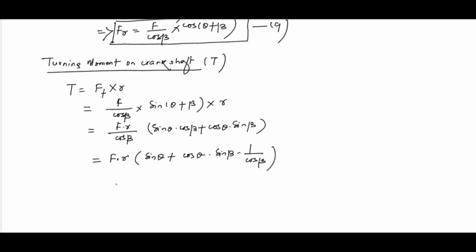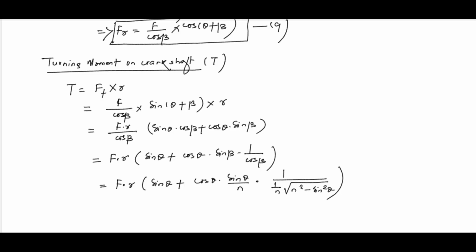Or I can write this equation as F dot R sin theta plus cos theta into, substituting sin beta in terms of sin theta, sin theta by n, multiplied by, now substituting the value of cos beta, 1 by n times root over n square minus sin square theta.